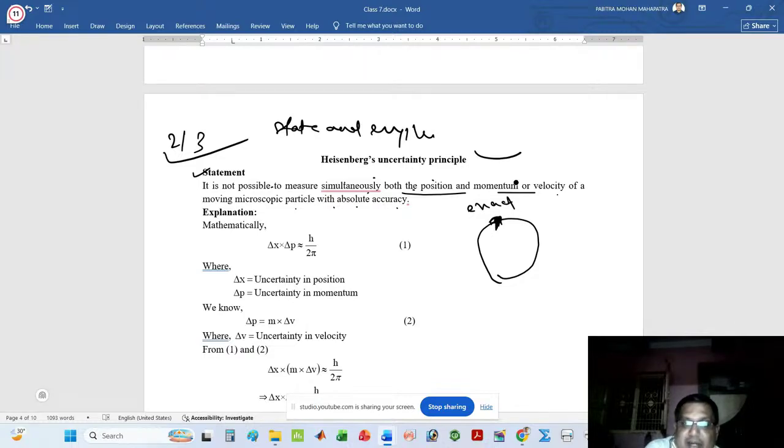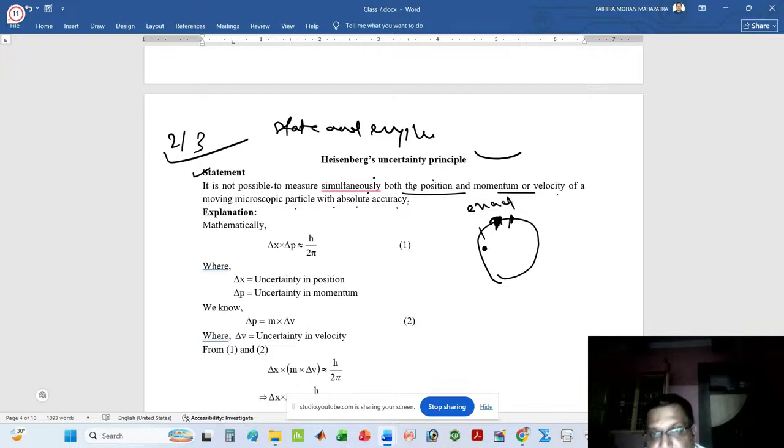When the microscopic particle comes in contact with the light, then what will happen? The microscopic particle will change the original position to any other position, maybe this side, maybe this side. So we cannot calculate the exact position.